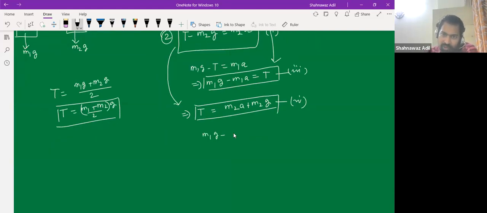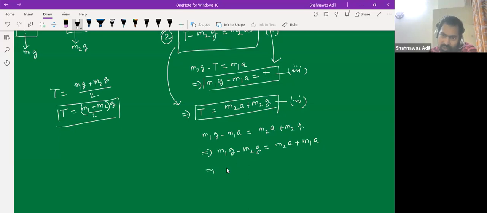M1g minus M1a is equal to M2a plus M2g, right? So this will go in the other direction. So this is M1g minus M2g, and then this is M2a plus M1a.